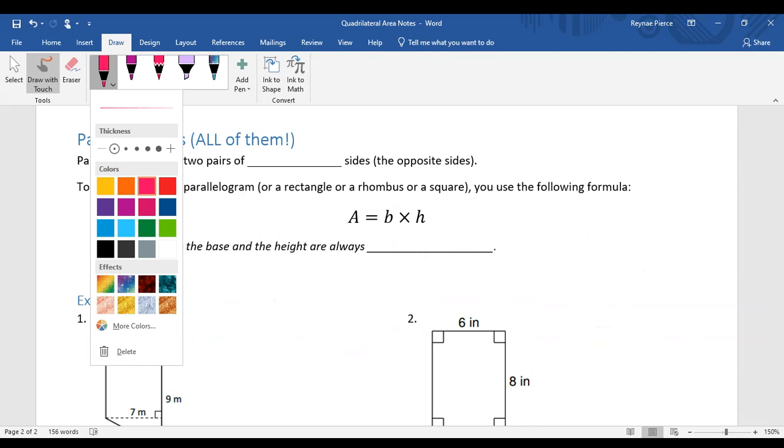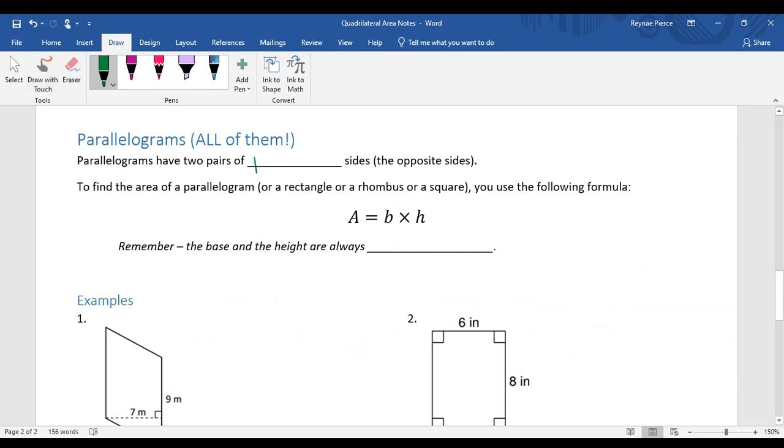Parallelograms have 2 pairs of parallel sides. And we just need to multiply base times height. The base and height are always perpendicular to each other.